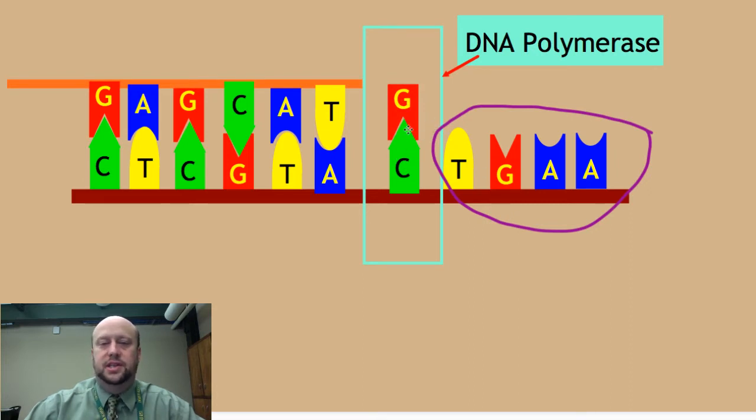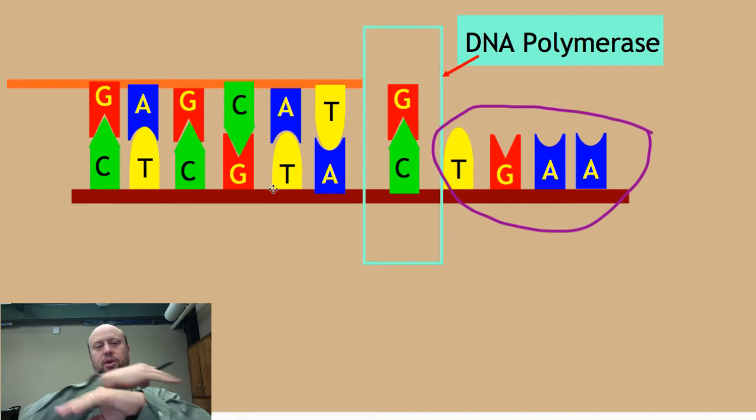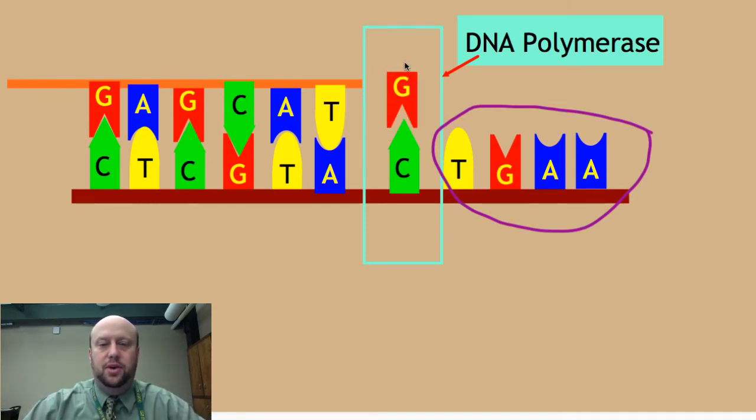So it reads, this is a cytosine, the only thing that can bond with the cytosine is a guanine, so I'm going to match that up, and this all rolls through here. If we grab the whole thing and slide it through, it's going to slide through almost like a ribbon, through the DNA polymerase, and at each point the DNA polymerase is going to match up the appropriate base.